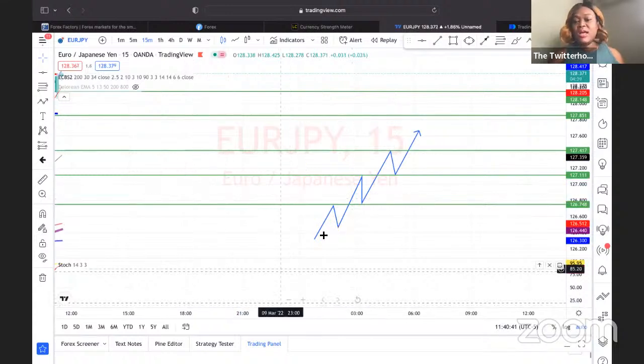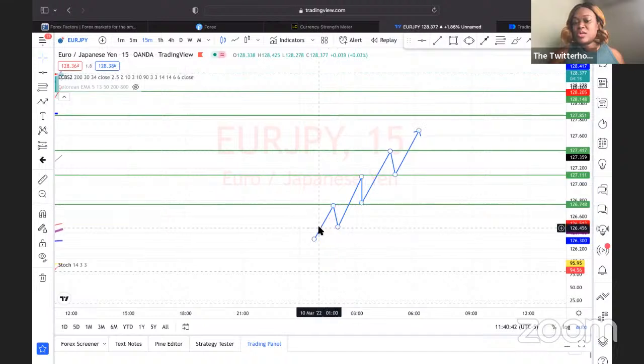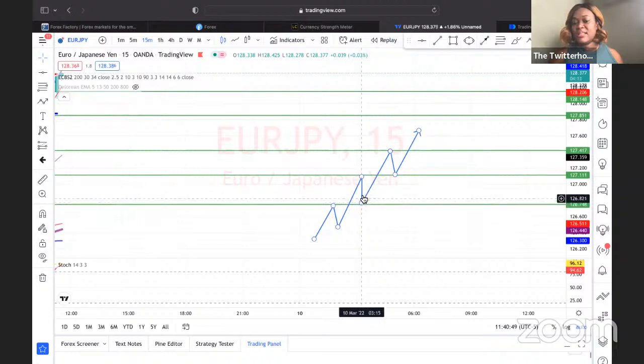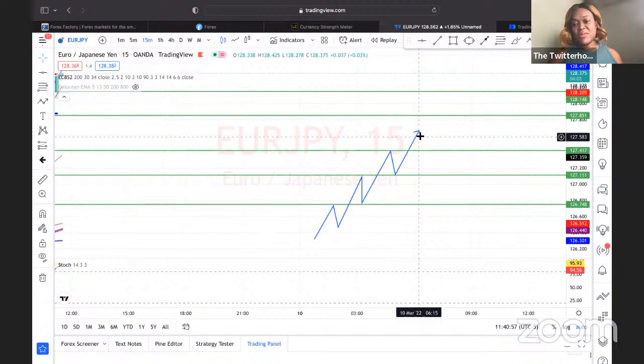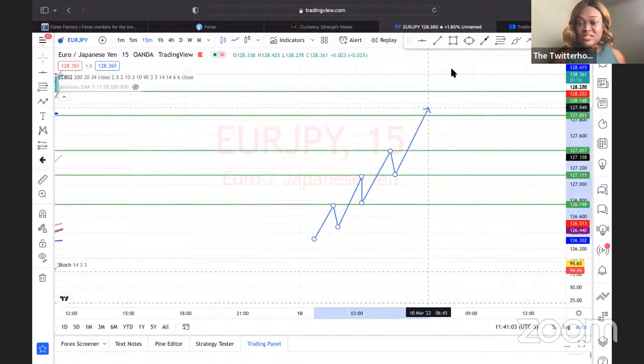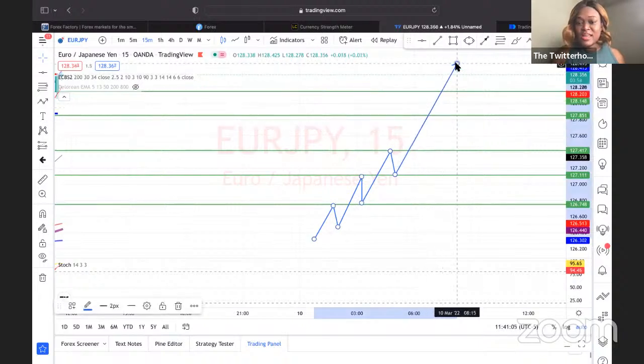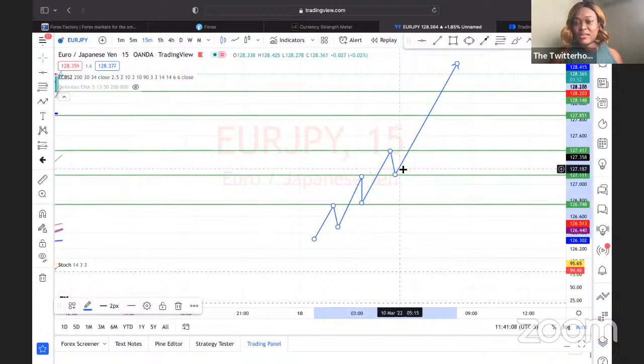Like an expert. So look, the ceiling became the floor, right? And then this ceiling became the floor. This ceiling, it may become the floor. And with me saying all of this, it's also possible for price to just go like so and not come back, right?